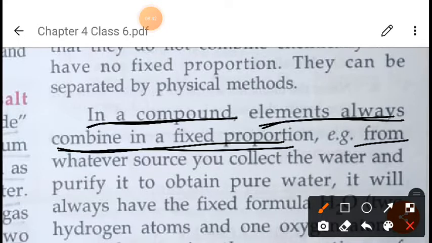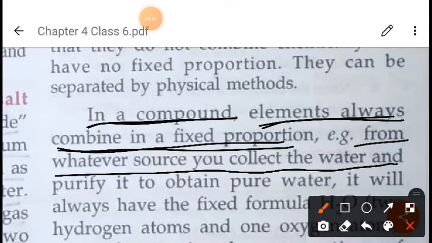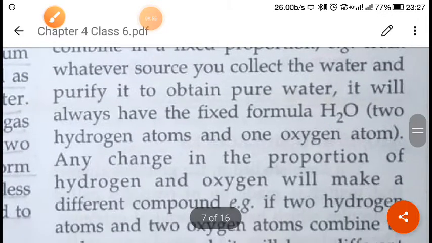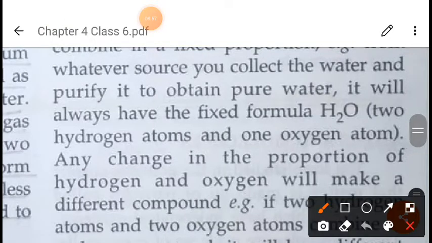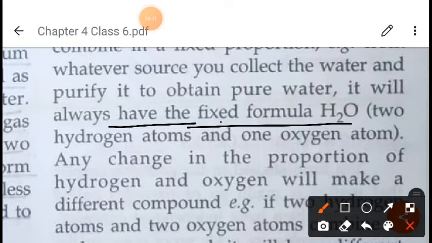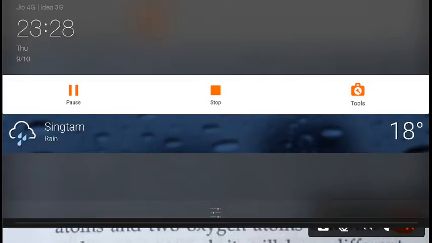Example, whatever the source from which we collect water, and purify it to obtain pure water, it will always have a fixed formula, which is H2O, as I have already told you, right? If we take water from a pond, river, anywhere, its composition will be fixed, its formula will be fixed, which is H2O, right?